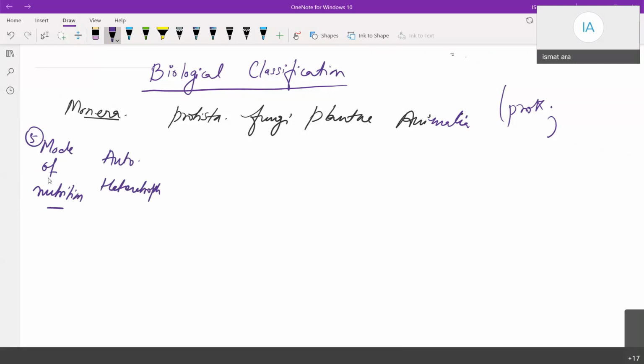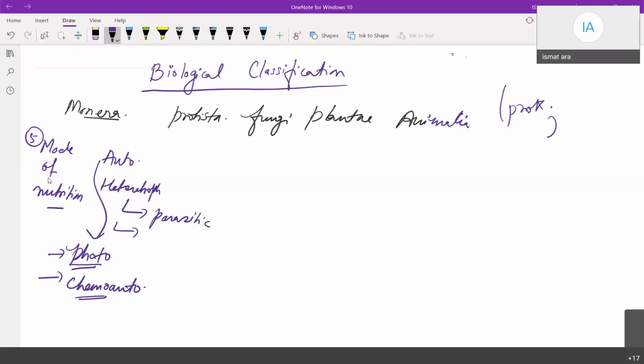Now, in autotrophs, they are photoautotrophs as well as chemoautotrophs. Photoautotrophs means they synthesize food with the help of light. Chemoautotroph means they synthesize food with the help of chemicals. And in heterotrophs, they are parasitic, saprozoic.